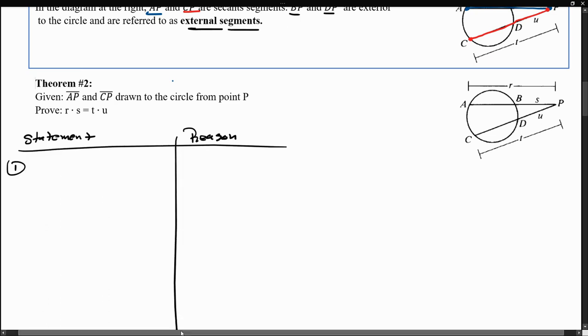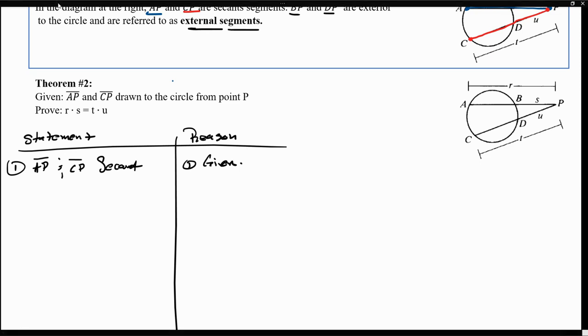So first things first, let's identify the givens. All I know is that AP and CP are just secants. And that's the given.